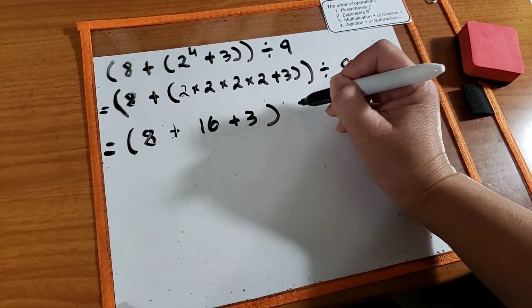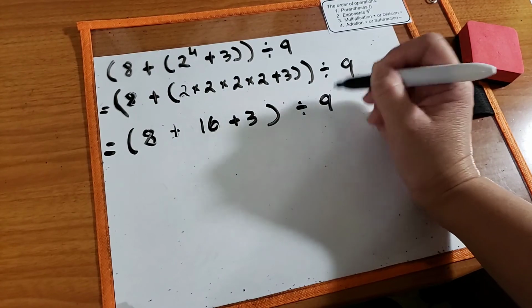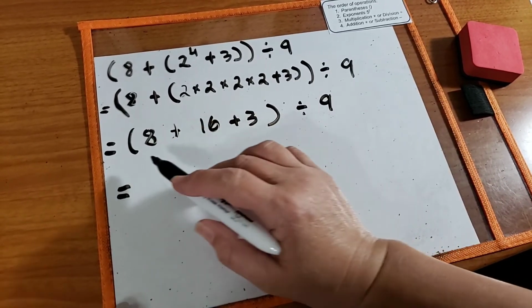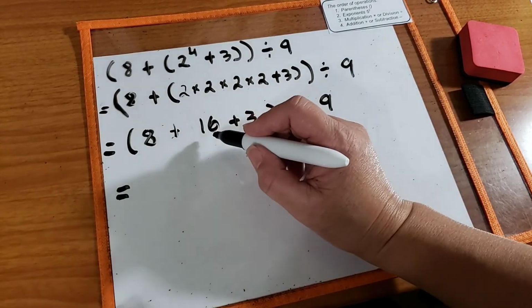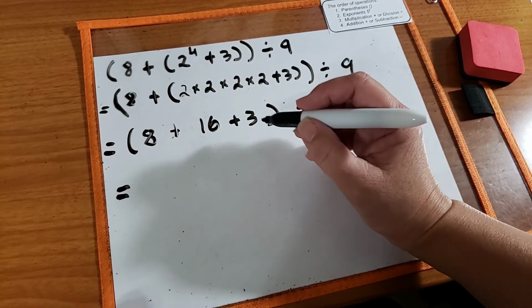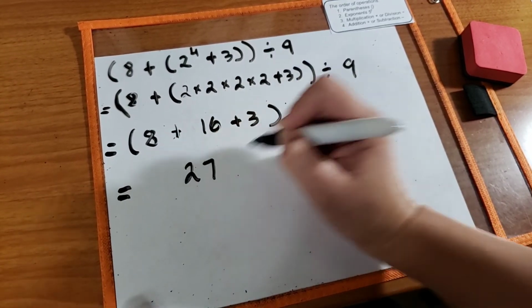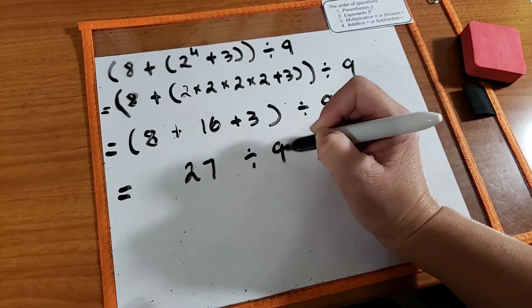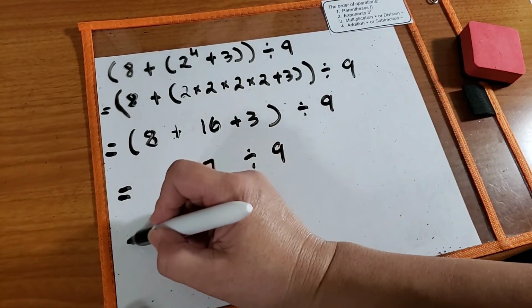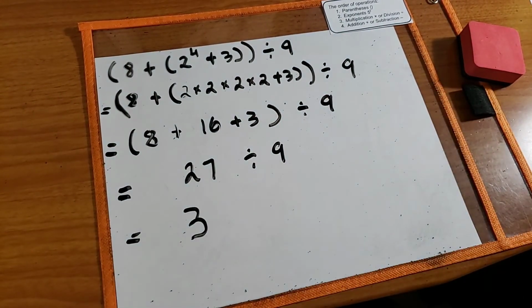Here's the big parenthesis, divided by 9. So over here, when you add 8 plus 16 plus 3, it's going to give you 27. Here your division by 9, and 27 divided by 9 is going to give you 3. Okay? So, see how simple and easy that is?